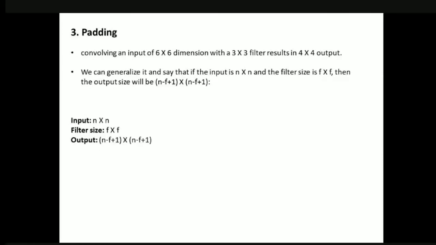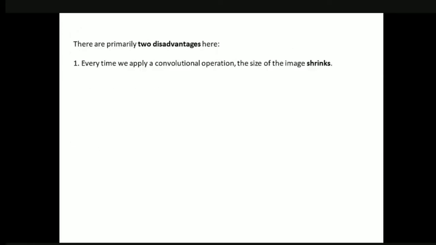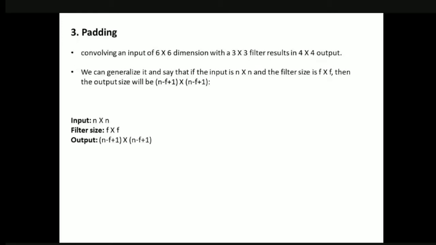Okay, so in padding, what actually happens, we will look at here. Mainly when we are doing the convolution operation, we have two disadvantages. If you see here, what is our input image size? 6x6. What is our output image size? 4x4.